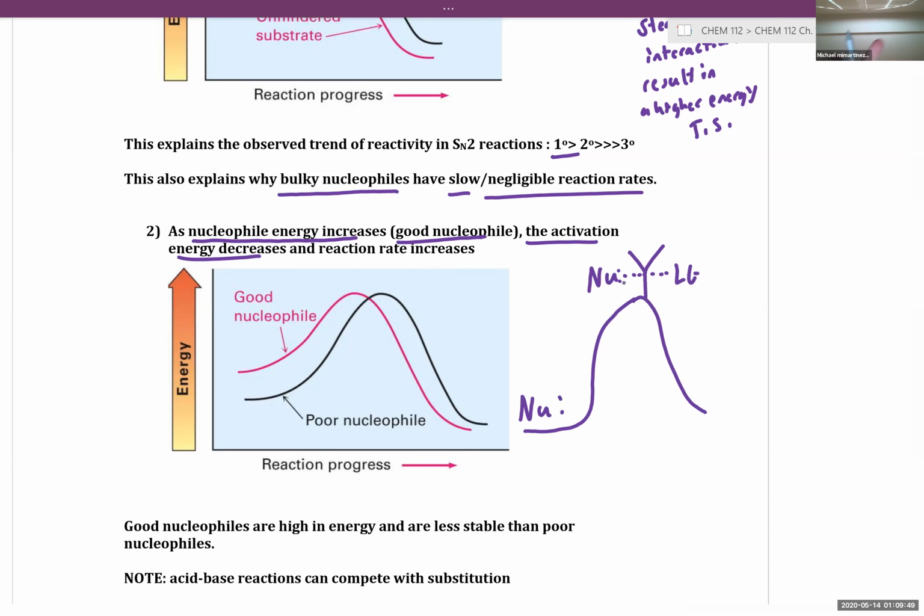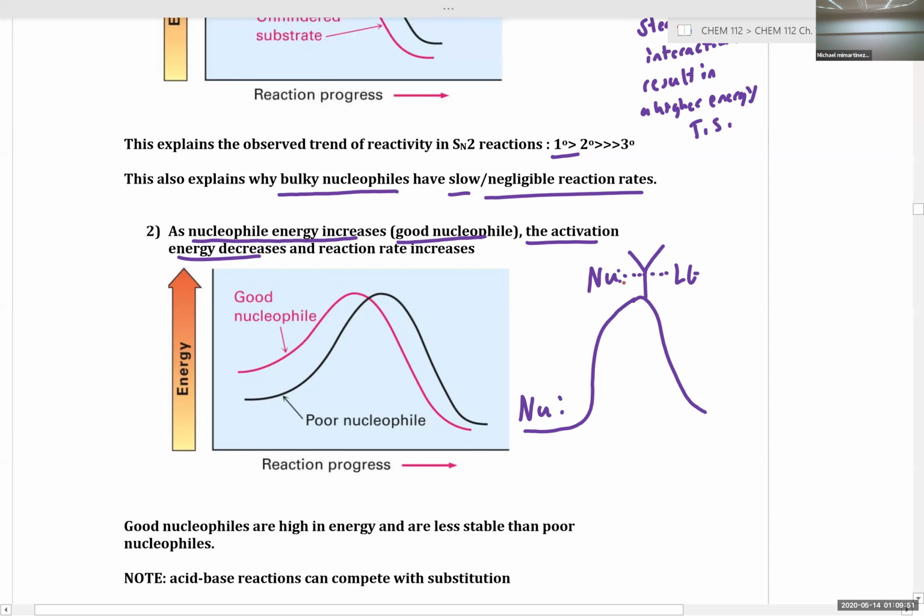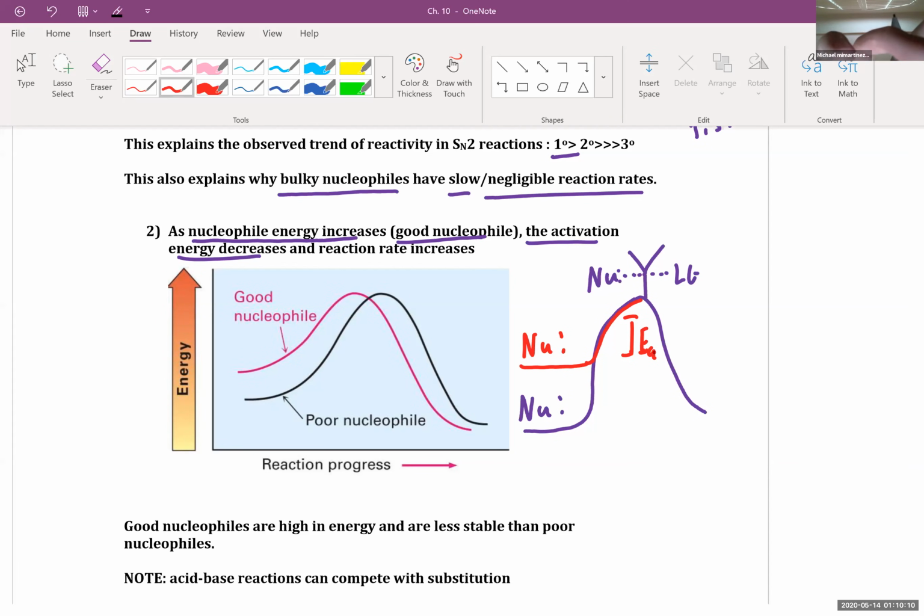However, the higher energy your nucleophile is, so let's suppose we have a high energy nucleophile or a stronger nucleophile, the smaller your activation energy required to reach the transition state becomes.